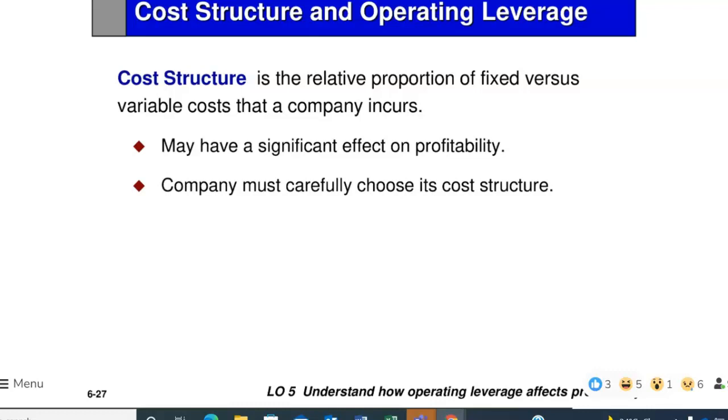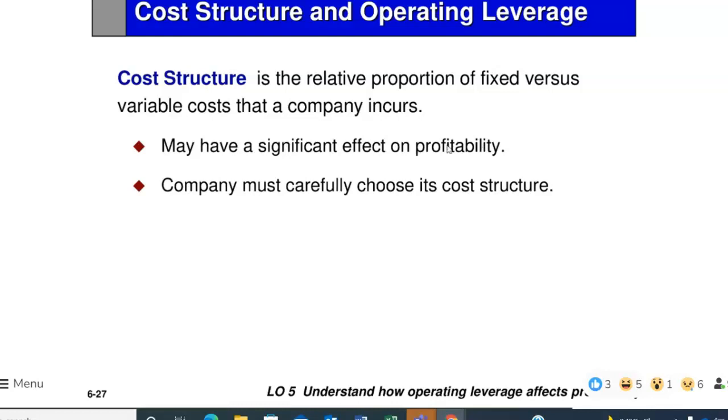If you took a percentage of variable to the 680 and fixed to 680, you get the percentage of variable cost and fixed costs. That's what cost structure is: the relative proportion of fixed costs versus variable costs.